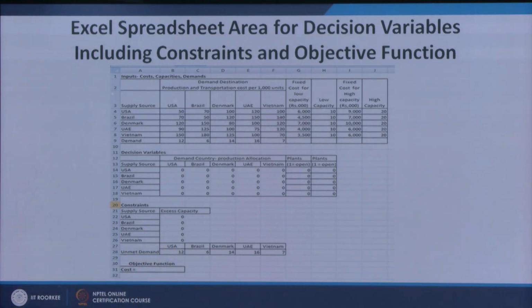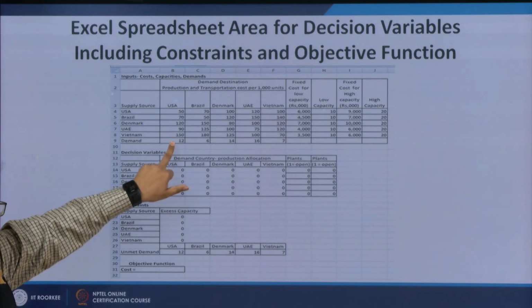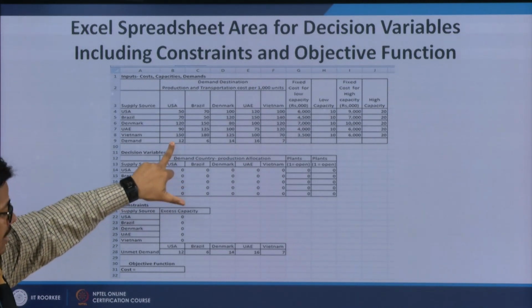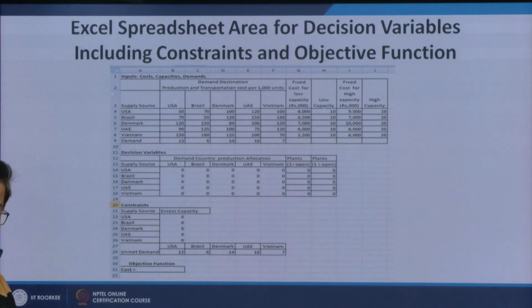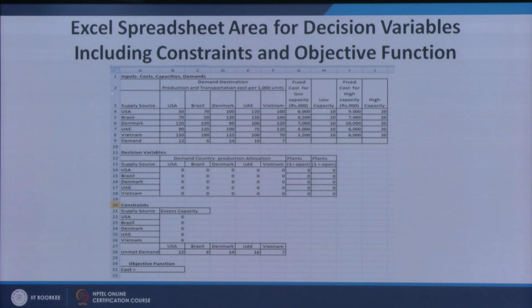This is the result of the total demand of USA, that is 12, minus what is supplied to USA from different sources.